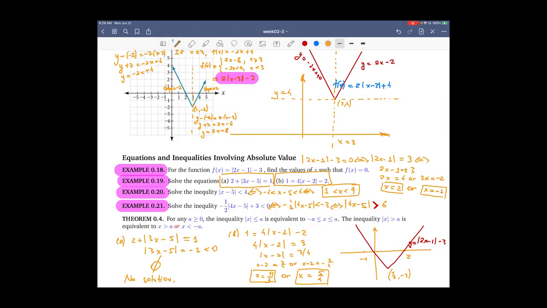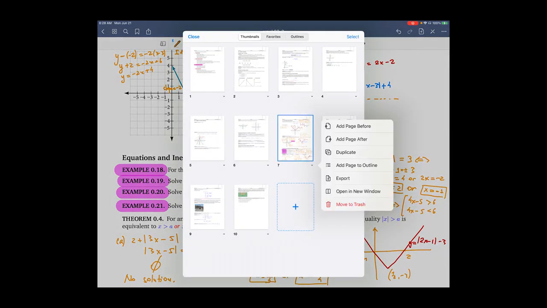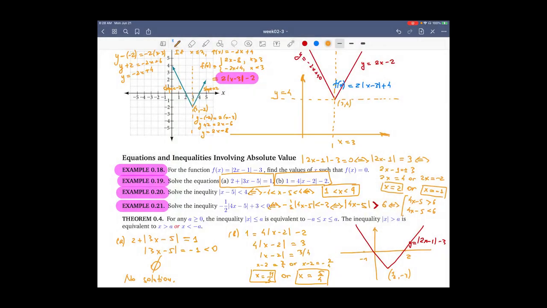So our inequality is equivalent to either 4x minus 5 being greater than 6 or 4x minus 5 being less than -6. Maybe I should add a page and continue on the next page.